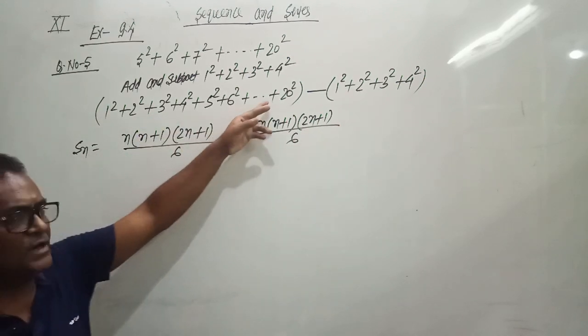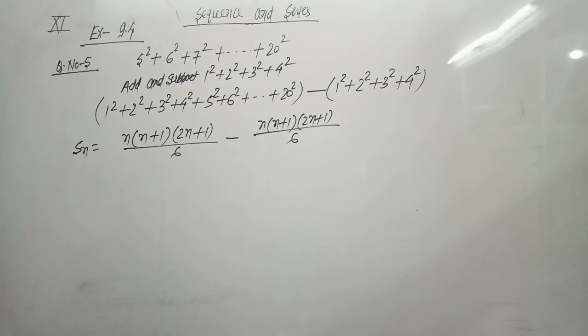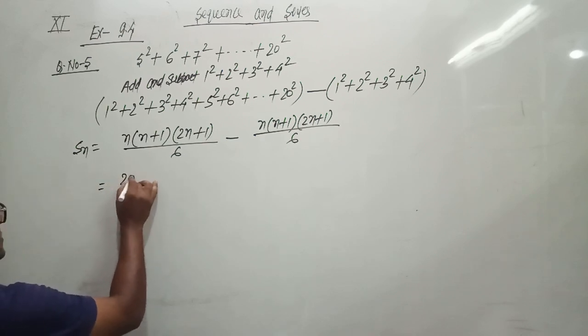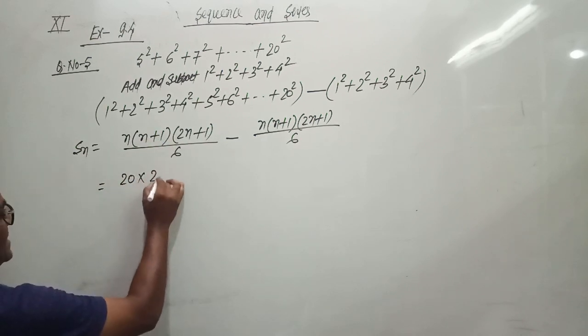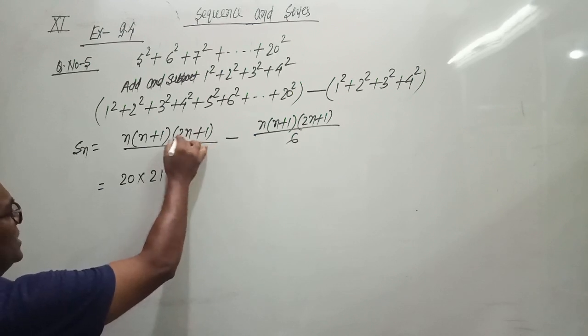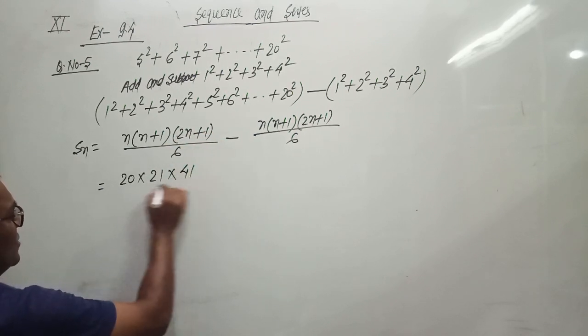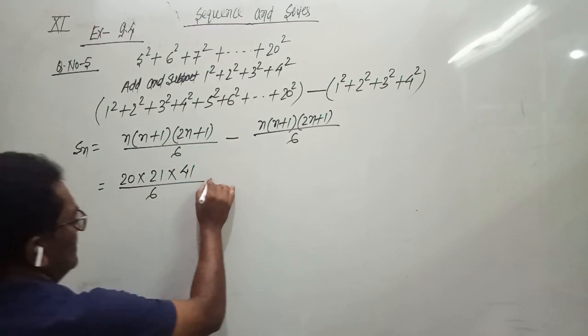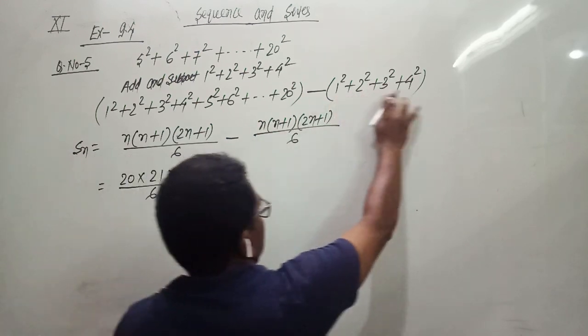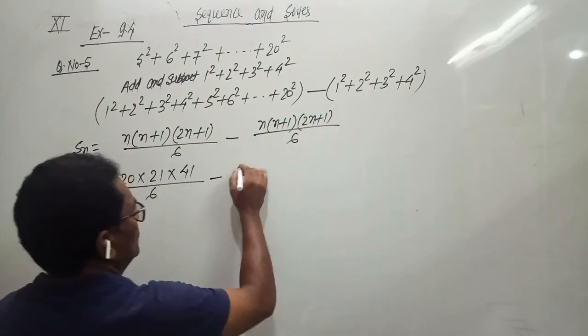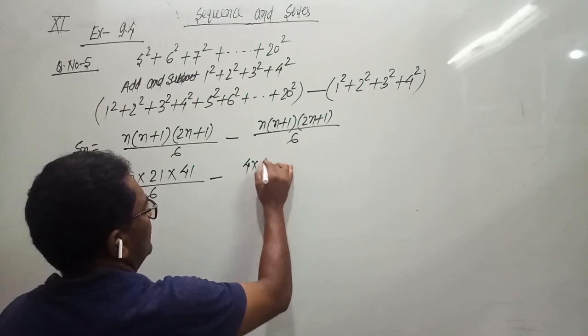So we put the value of n equals 20. So 20 into 20 plus 1, 21, 20 into 2, 40 plus 1, 41 upon 6, minus. There are 4 terms, so in place of n we put 4. 4 into 5 into 9 upon 6.